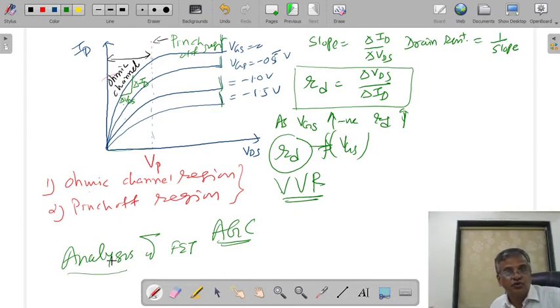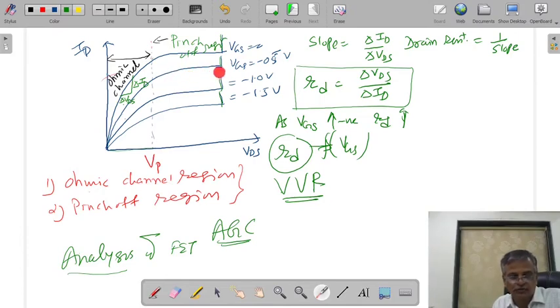Analysis means you can find the parameters: input resistance, output resistance, voltage gain. If you want to find the parameters, then this region is used. That is called the pinch off region.